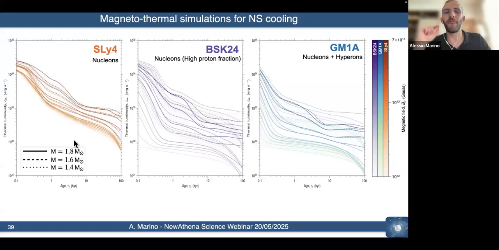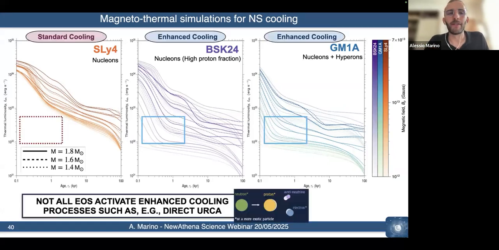Now, if we take a look at these curves, there is one thing that immediately jumps to the eye, and it is the clear difference between two equations of state and the first one, SLy4. It doesn't populate this region, which corresponds to low thermal luminosity and also low age, while this region is well populated by the other two equations of state.